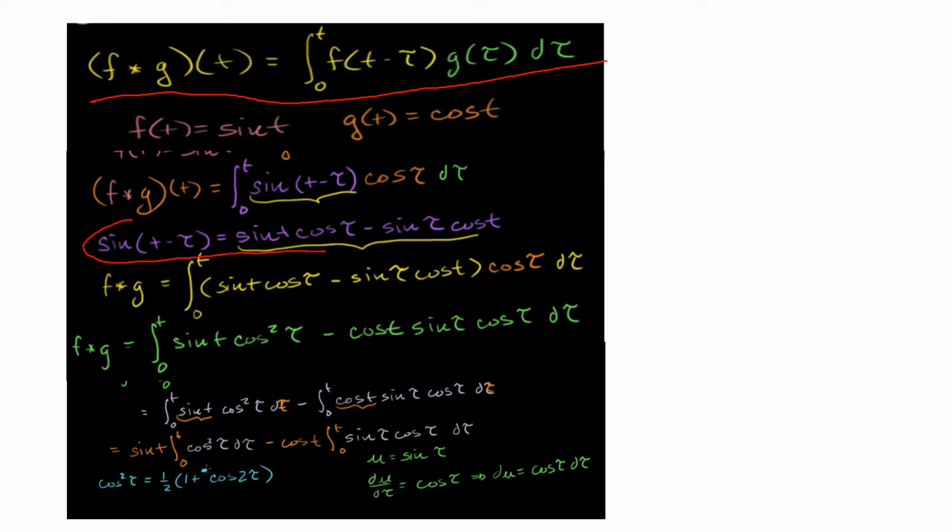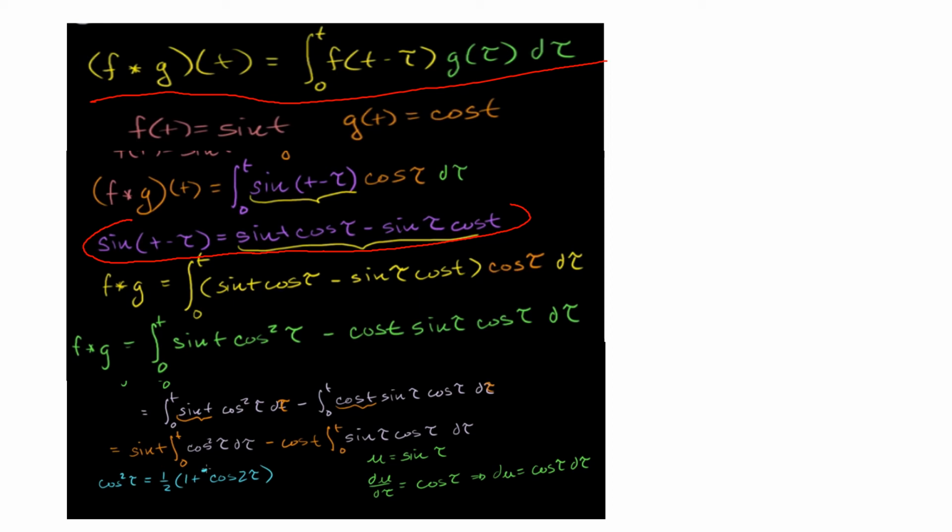Sine of t minus tau can be written as sine t cos tau minus sine tau cos t. Then our convolution equation becomes f convolved g equals integral from 0 to t of sine t cos tau minus sine tau cos t, into cos tau d tau.